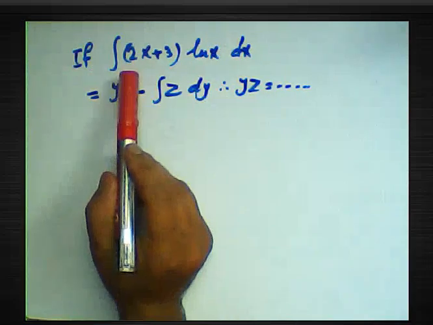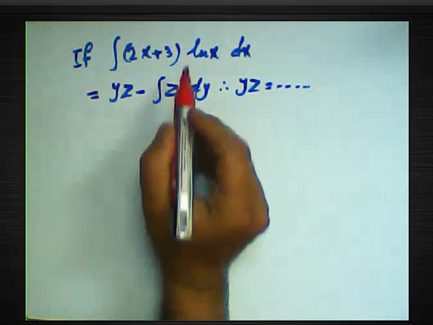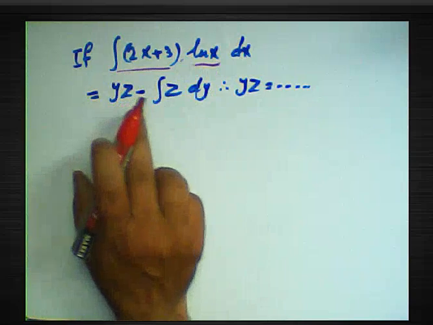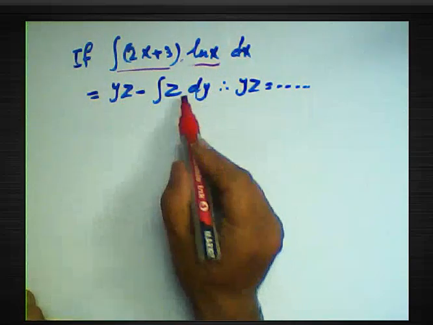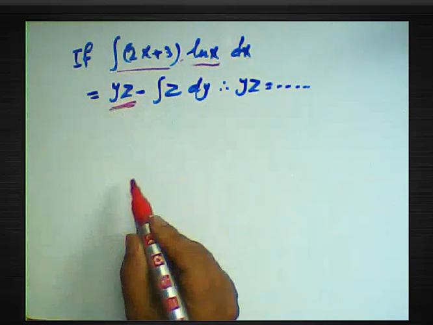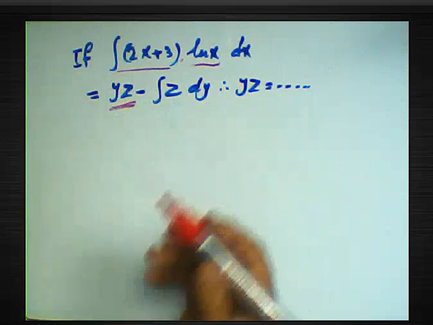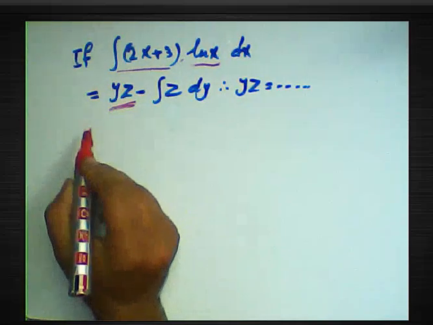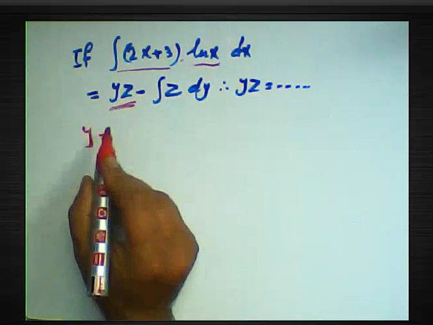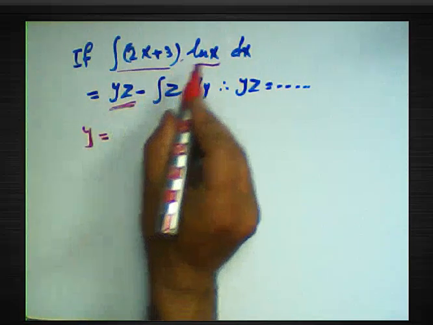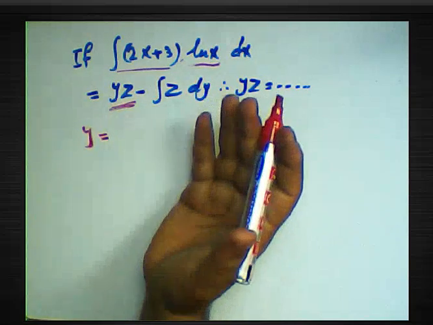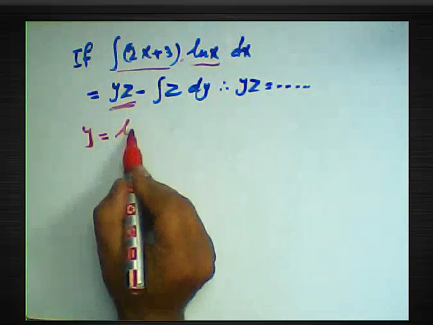If the integration of (2x plus 3) multiplied by ln of x dx equals yz subtract the integration of z dy, you want to find yz. In this example, we must determine two functions. The first one, y, will be ln of x, because we can find the derivative of ln of x.